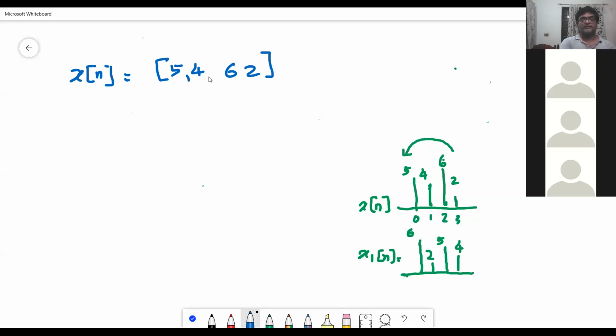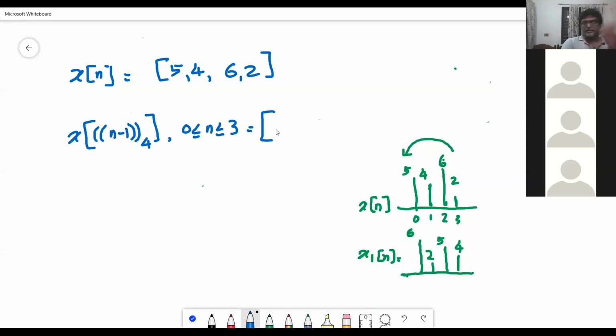There are 4 samples. And now I am going to look at the sequence x of n minus 1 modulo 4 for 0 less than or equal to n less than or equal to 3. What will be that value?